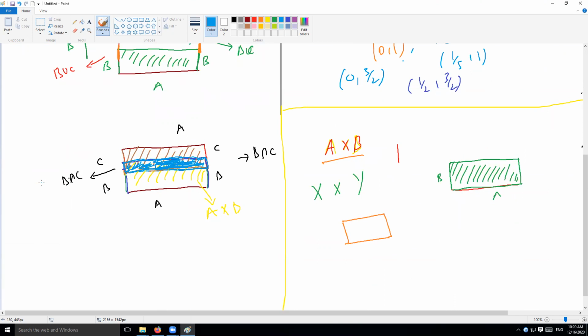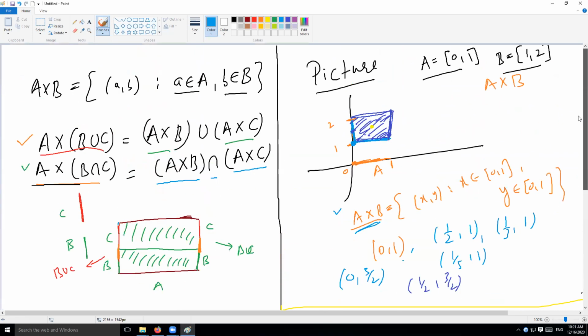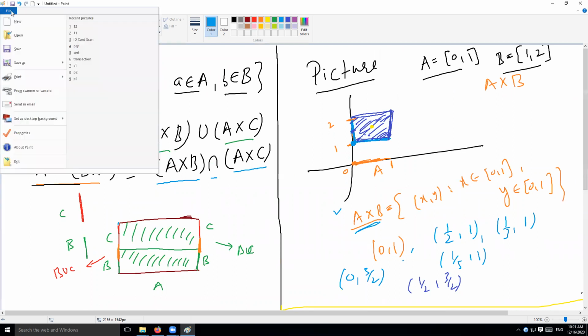So whenever you are solving an exercise or a problem about the cross product, I encourage you to first make a picture of it, make yourself comfortable with it, make sure you are convinced through the picture, and then try to write a proof of it. This is also an important part of the thinking process. Is it making sense? Yes, sir.